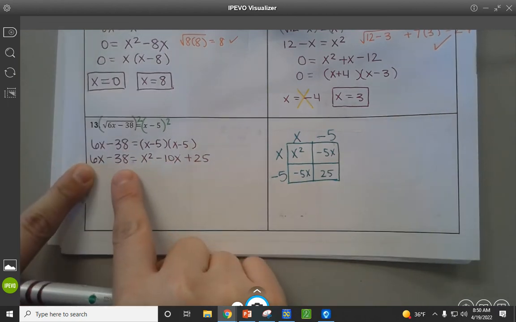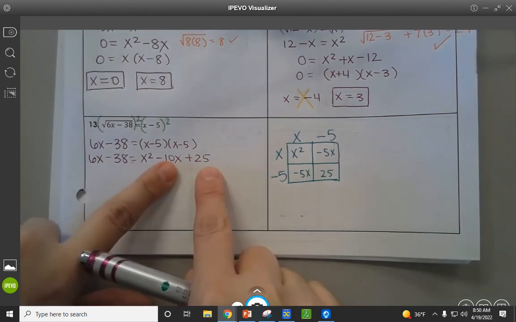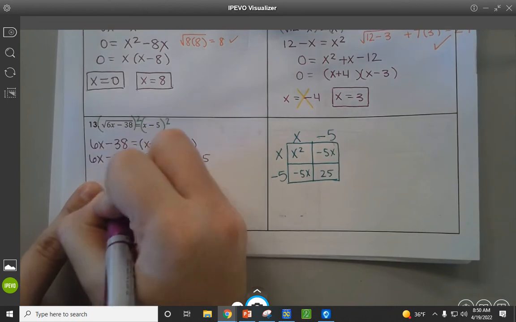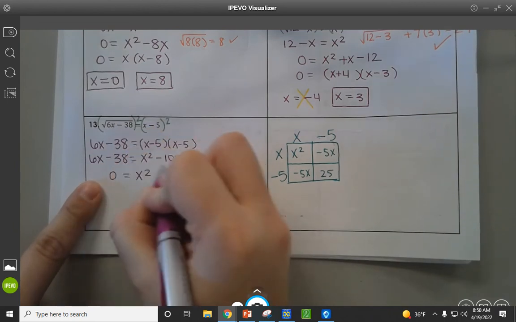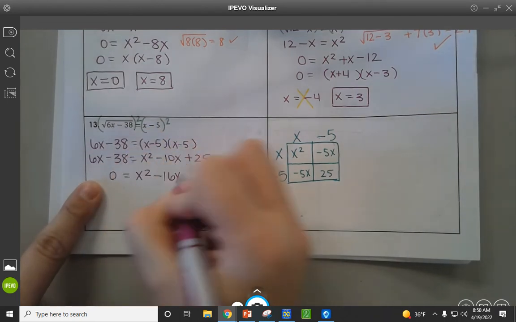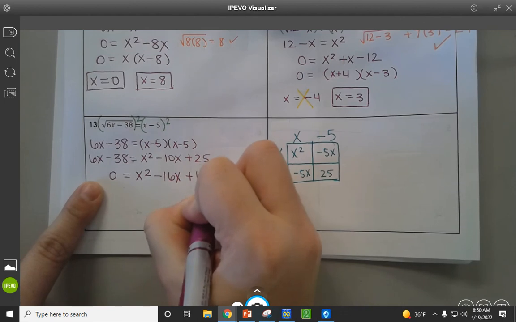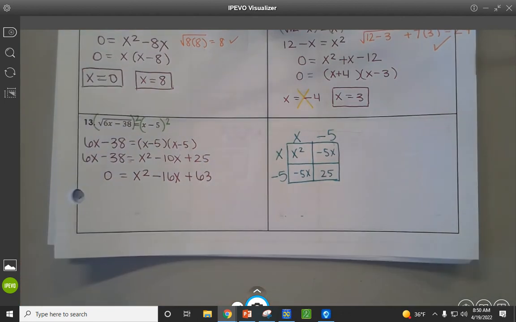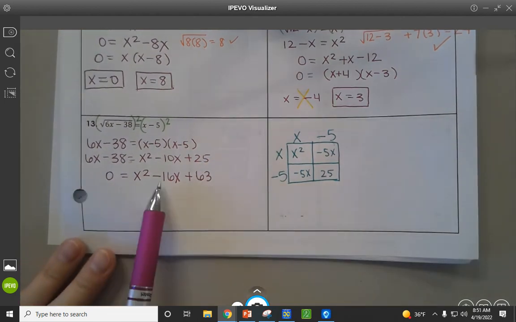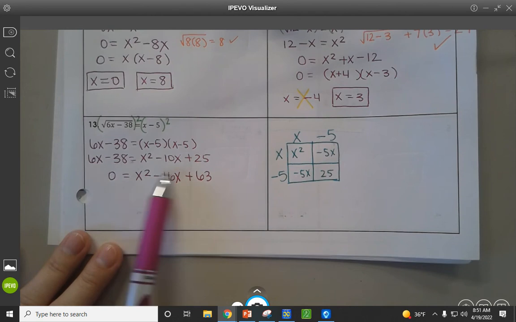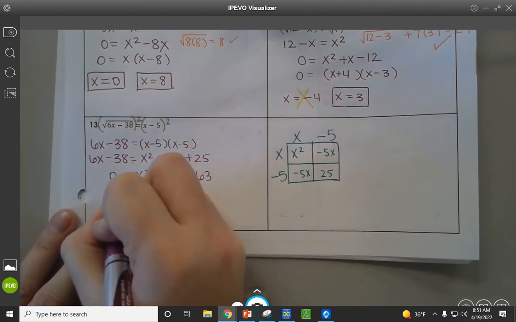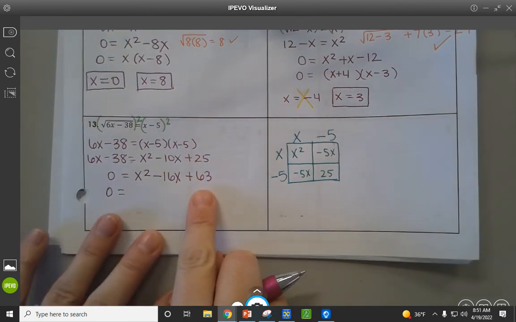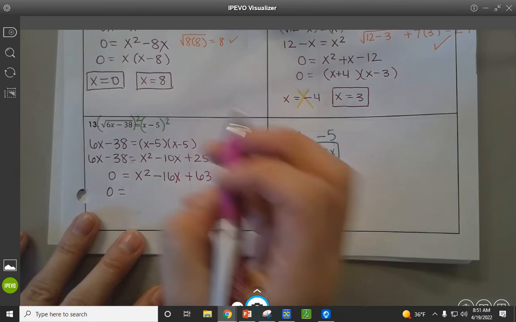And if I factor this, the two numbers that multiply to be 63 and add to be negative 16 are negative 9 and negative 7. So that leaves me with x equals 9 and x equals 7.